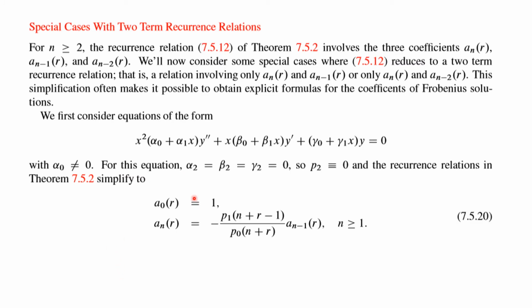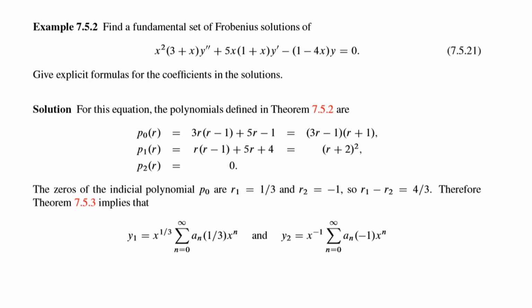If you have only linear terms here and not quadratic terms, the recursion is simplified a great deal. And in fact, you could work a problem. Here's a problem that has only linear terms, and we can get an explicit formula for the coefficients.